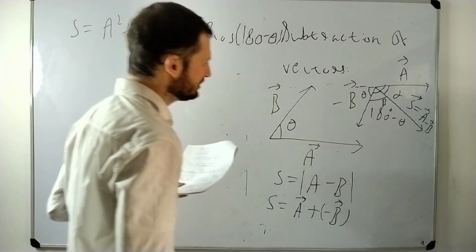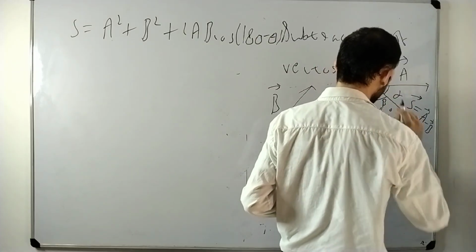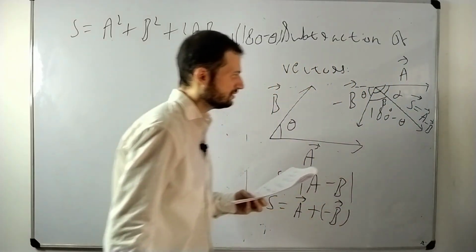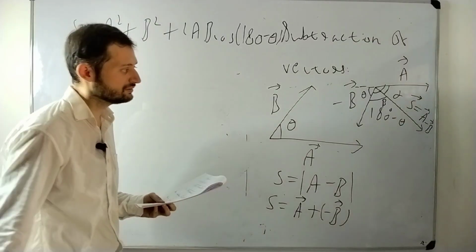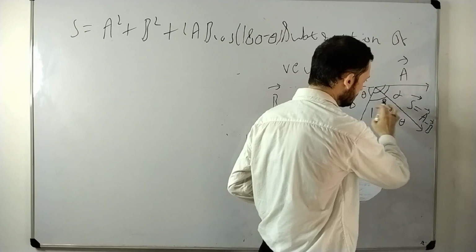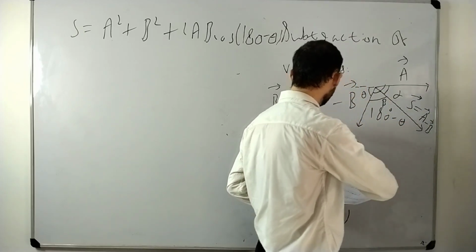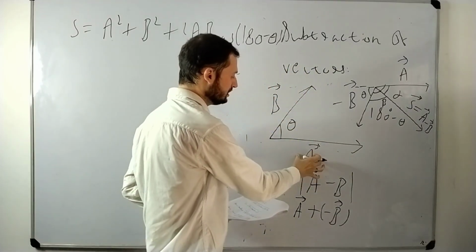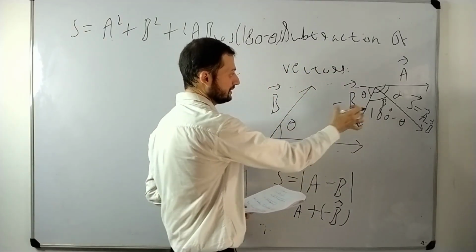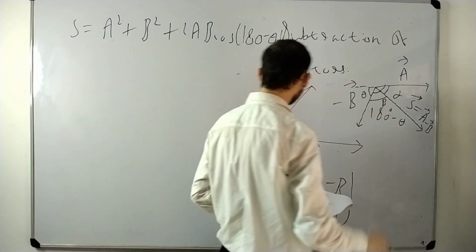So you were saying that the angle between them is theta and now you have taken it to be 180 degree. So again, what would I say? This is the subtraction resultant, no? That is why I have taken the angle 180 minus theta. Otherwise, the original angle of A and B is theta, and the minus B vector happens to be 180 minus theta.